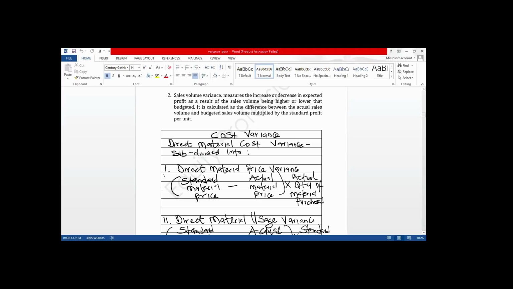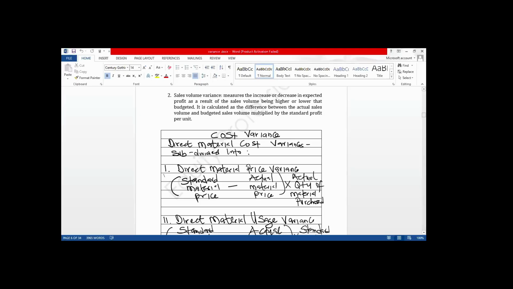Where actual material price is different from standard material price. Direct material price variance, where actual material price is different from budgeted material price.